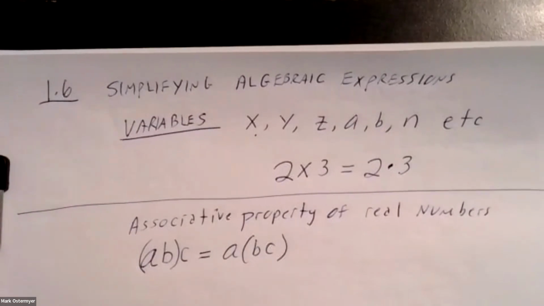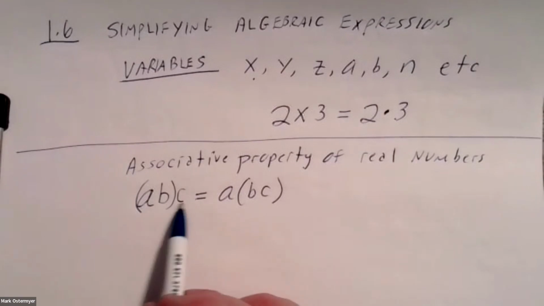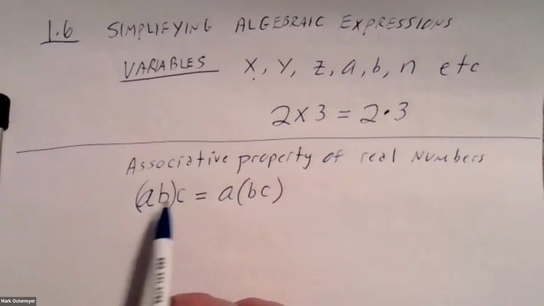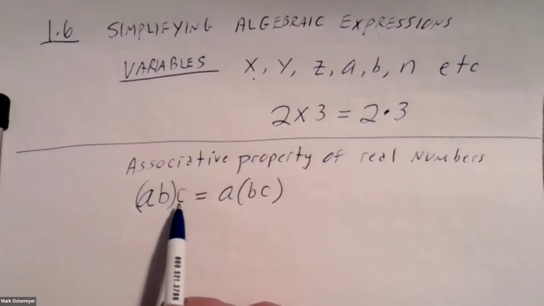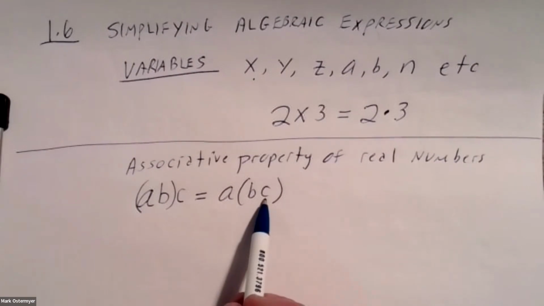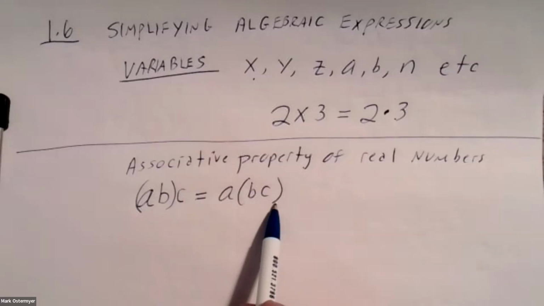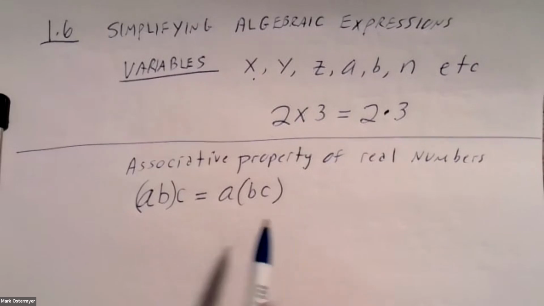In other words, if I'm multiplying 3 numbers A, B, and C together, it doesn't matter if I multiply A times B first and then multiply that product by C, or if I multiply B and C together first and then multiply that product by A. You should get the same answer in both cases. This is the associative property of real numbers.